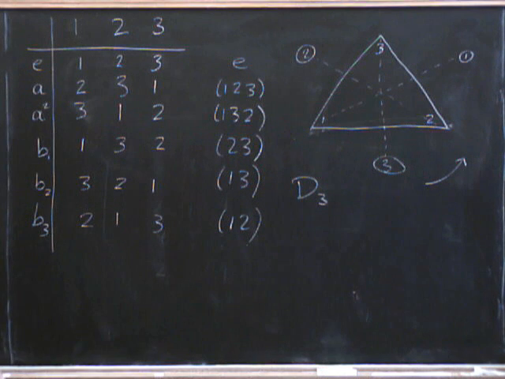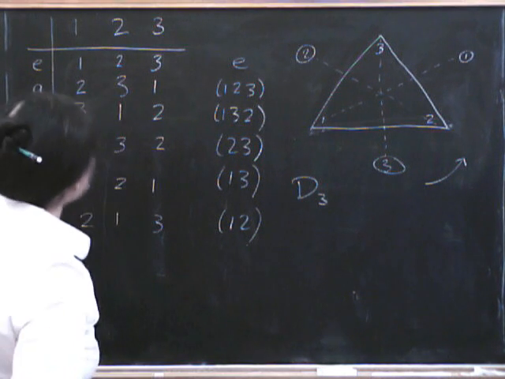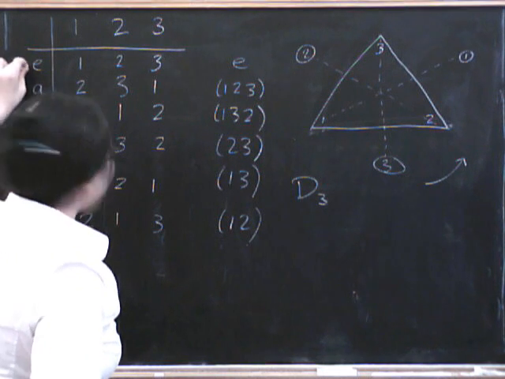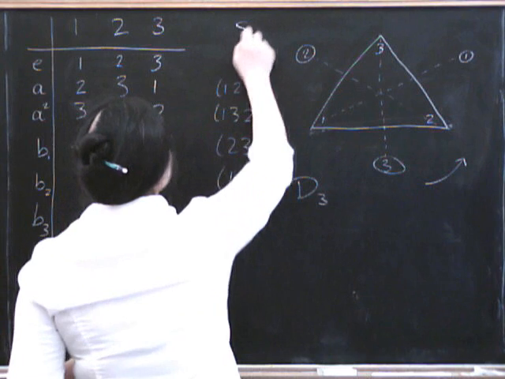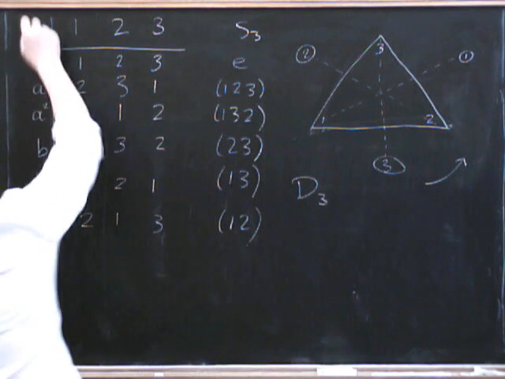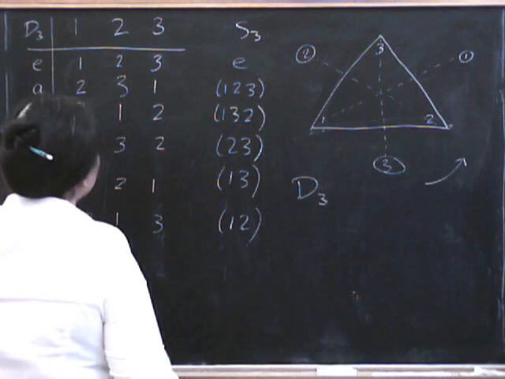And so the point is that using this action, we have found a way to take an element of D3 and produce an element of S3. So here we've got elements of D3, and each one of these is going to an element of S3.